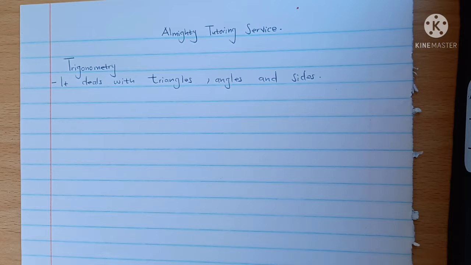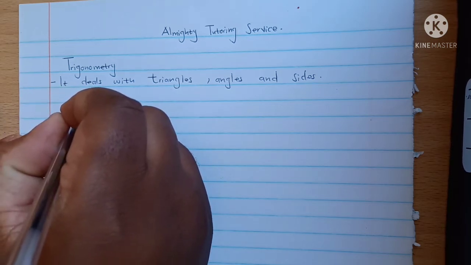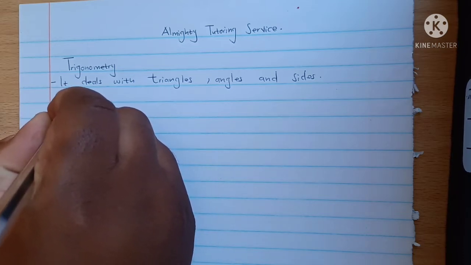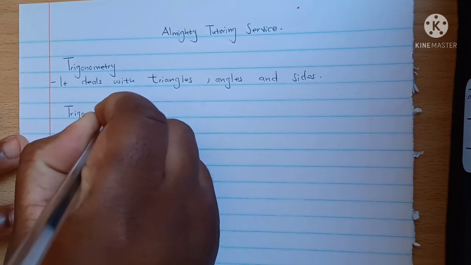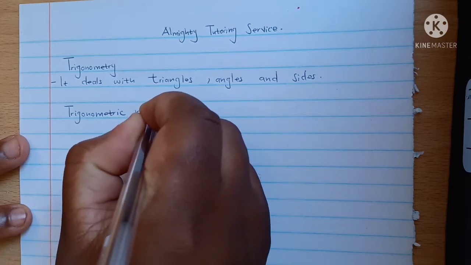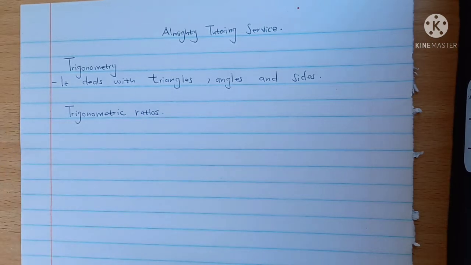So let's start at something that I'm sure you've done in grade 10: trigonometric ratios, right? So think of it. When you think of trig ratios, what do you think of?